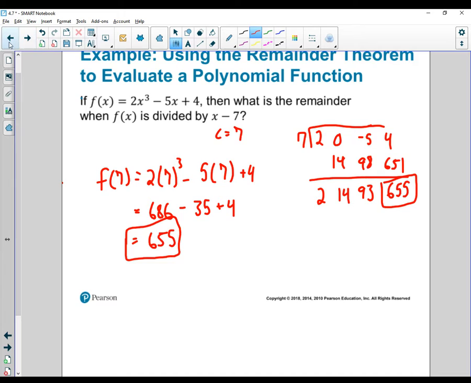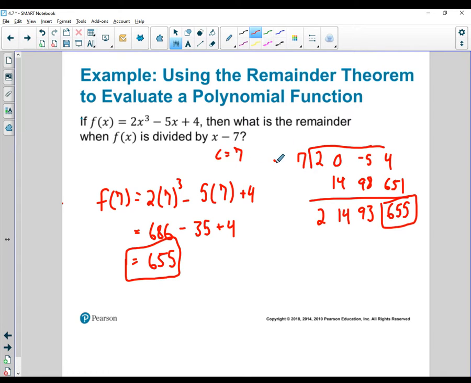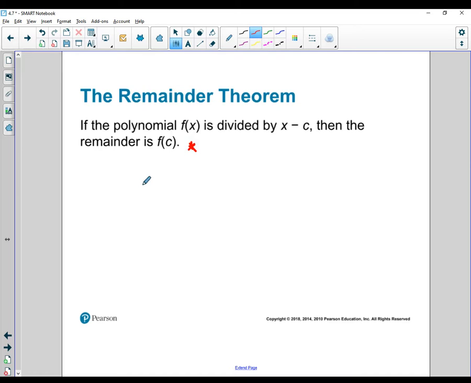And so now let's go back and think of why. Okay, so if we have f of x and we divide it by something, in this case we did x minus 7, we could think of this as x minus 7 and the whole thing. We know that that's going to churn out from back here, right?